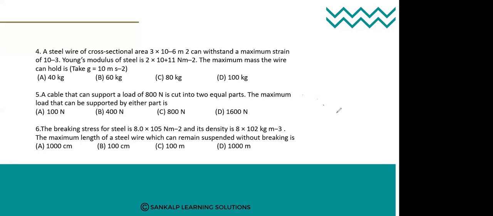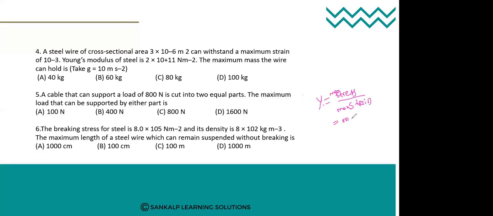So what we can do, that is the maximum stress is equal to. So here we have Young's modulus is equal to stress upon strain, right? So we just need to calculate the stress. So take this as maximum stress and this as maximum strain.